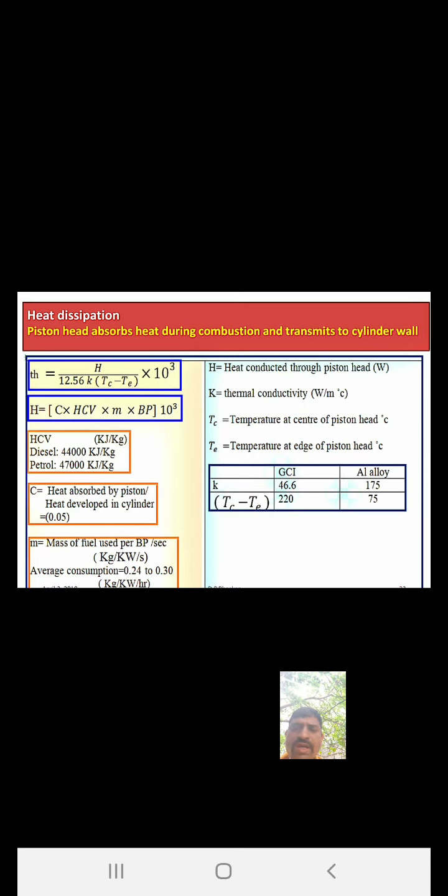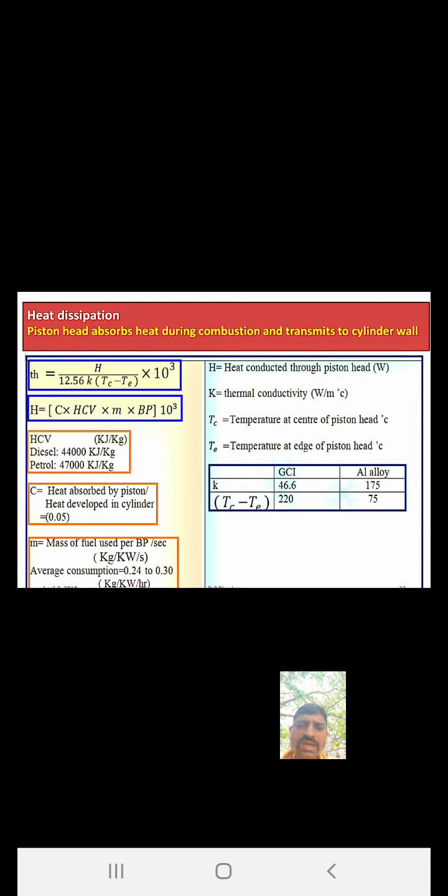You have been given one table. From that table you should choose that value for the different material. M is the mass of the fuel used per bp per second, and average consumption is given as 0.24 to 0.30. K is the thermal conductivity.